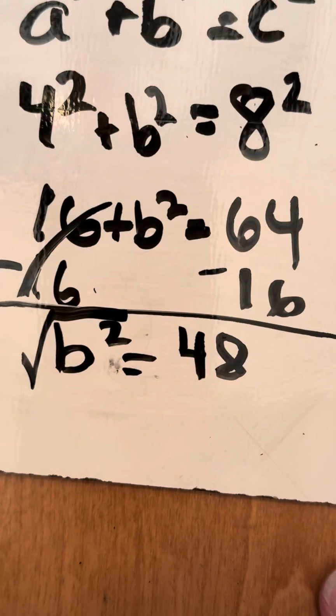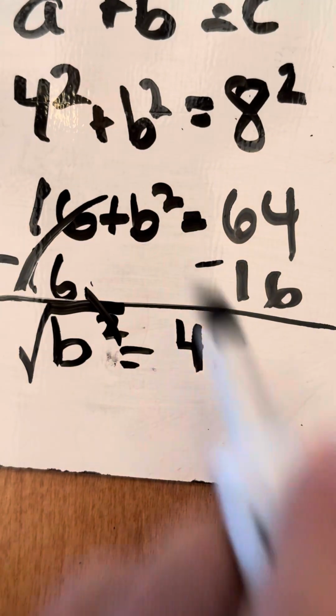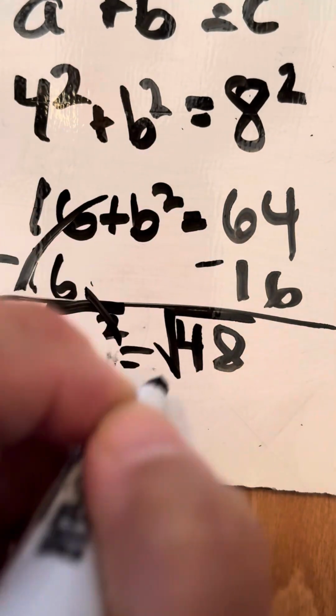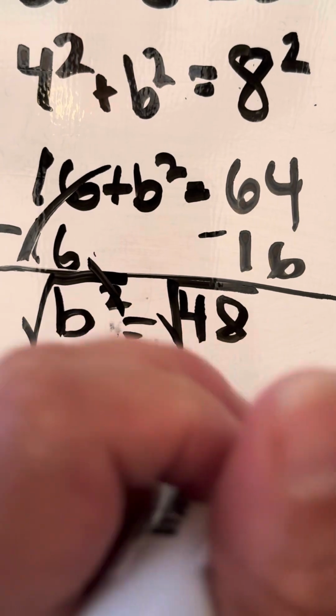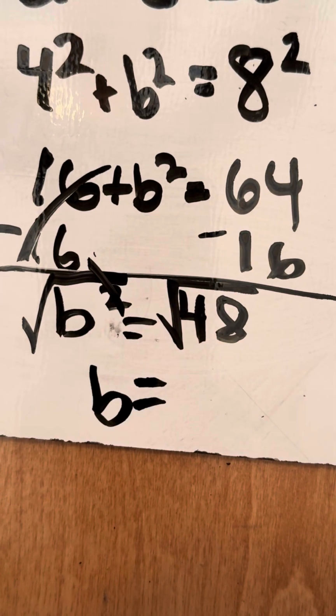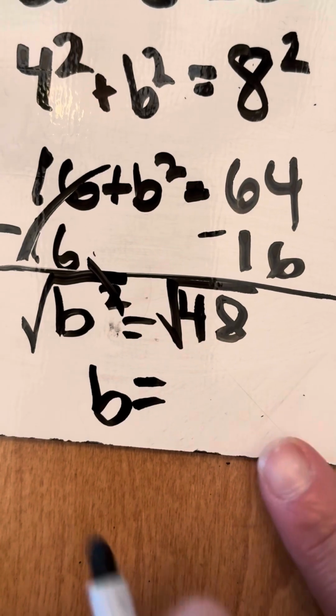So we have to do the opposite operation, which is square rooting the square. And here's where you need to know your perfect squares. So b is going to be equal to, you're looking for perfect squares that go into 48. The highest one that goes into it, and you always want to try to use the highest one, is 16.